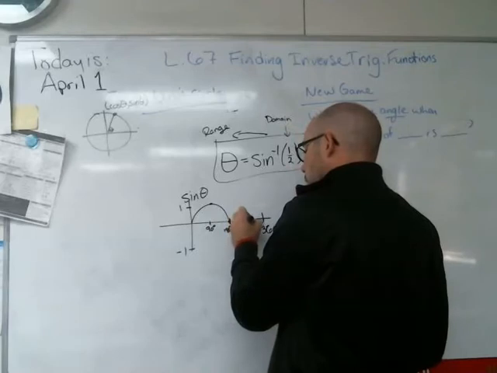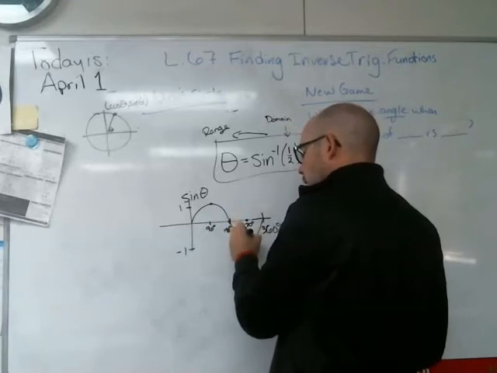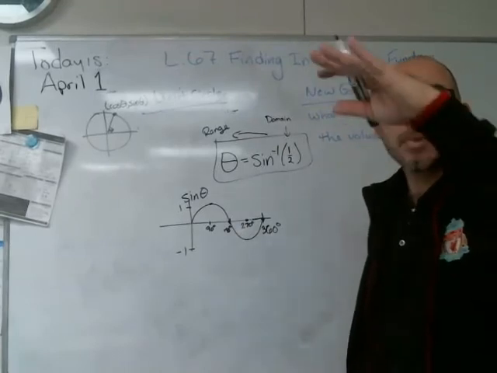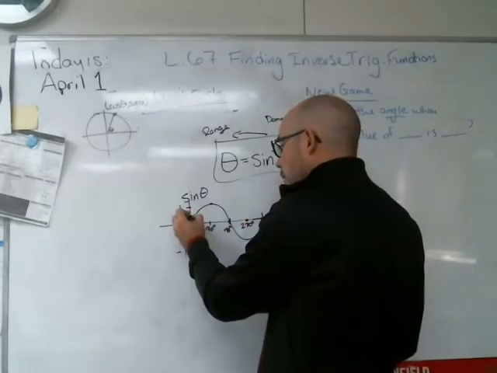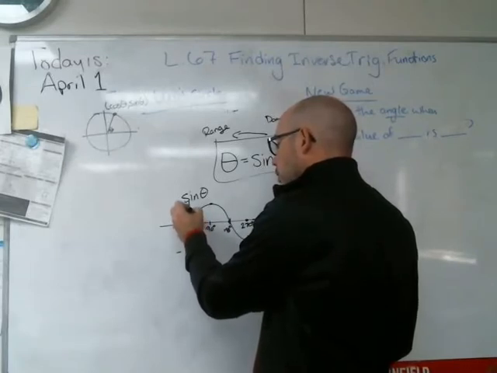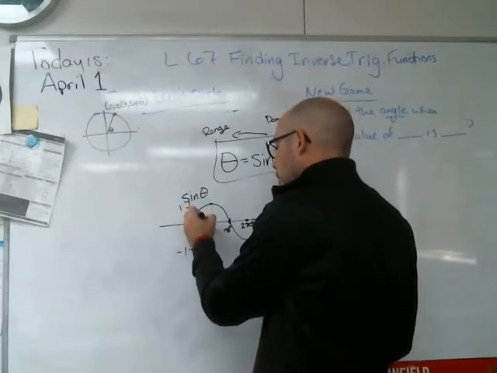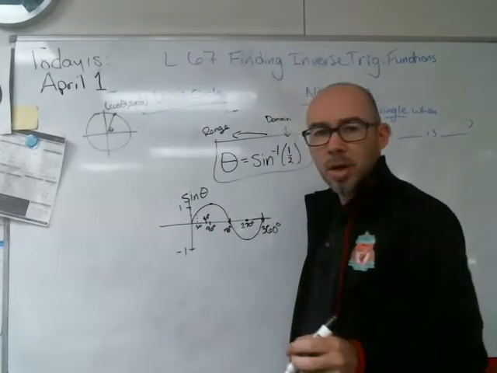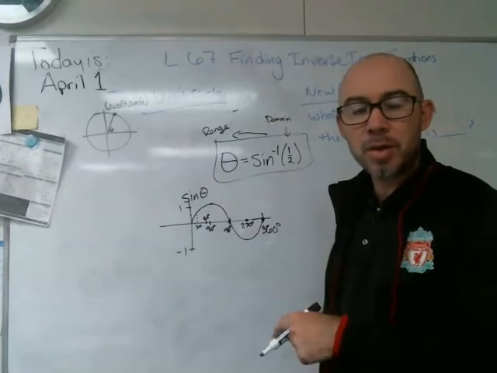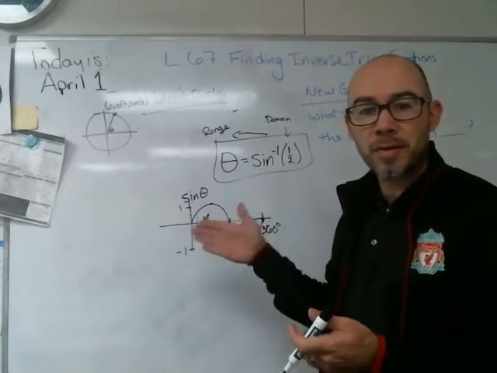At 270 degrees, its value is -1. And at 360 degrees, it's back to 0. Somewhere in here is 1/2 at 30 degrees. And then it's square root of 2 over 2, and then it's square root of 3 over 2 at 60 degrees. And so this kind of gives you a picture of what that would look like as you're going around the unit circle and you're just tracing out its value.